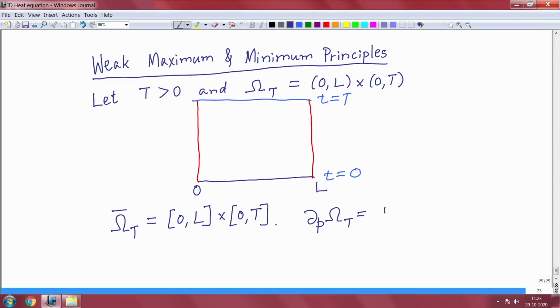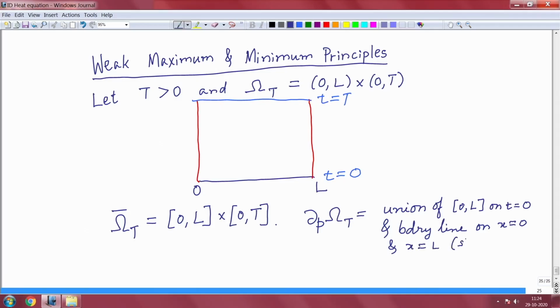So, this is the union of the interval (0, L) on t equal to 0 and the boundary lines on x equal to 0 and x equal to L shown in the red color.